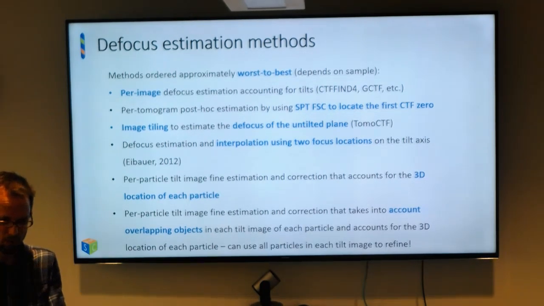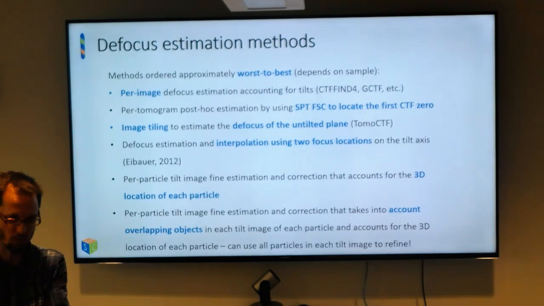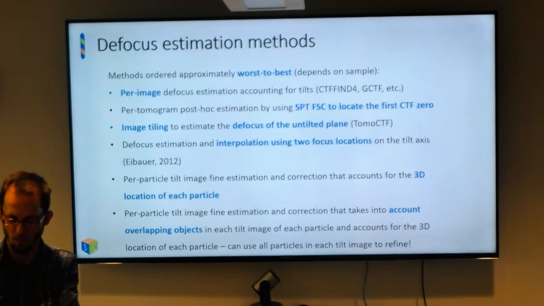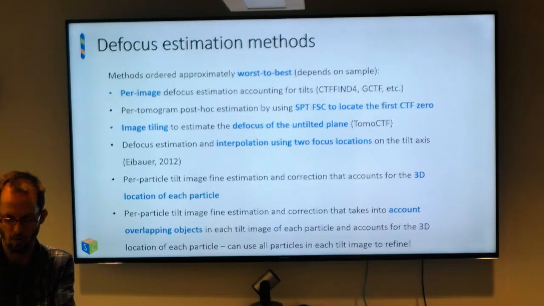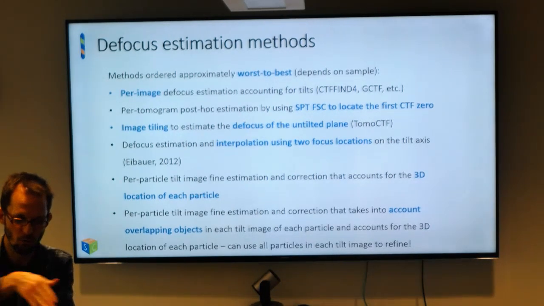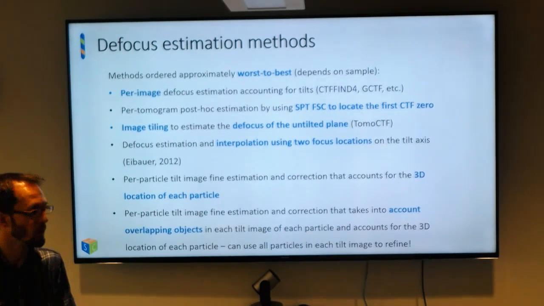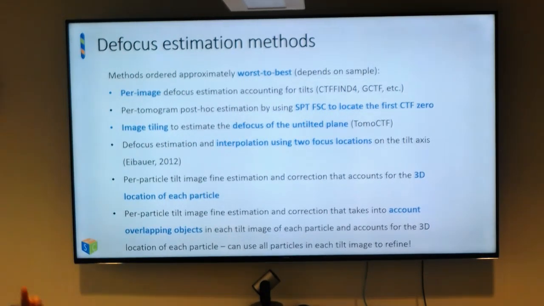If this is your tilt axis and your area of interest is here, then you collect here, you turn your goniometer, and then you go focus over here, and then you focus over here, and then you find the average, and then you use this for tracking, and you use these 2 high-dose focus images for post-processing, and you take the average, and you assume that the average is the actual height of your object. So this is something that was done back then and in the RELION single particle tomography paper.